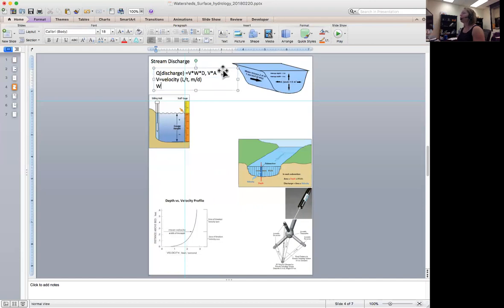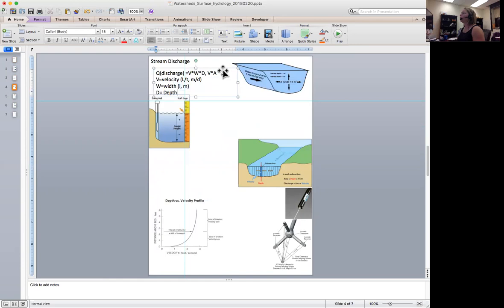Then you're going to have a width, that's in terms of length, which could be like meters. And then you can have your area or your depth, which again is units of length.